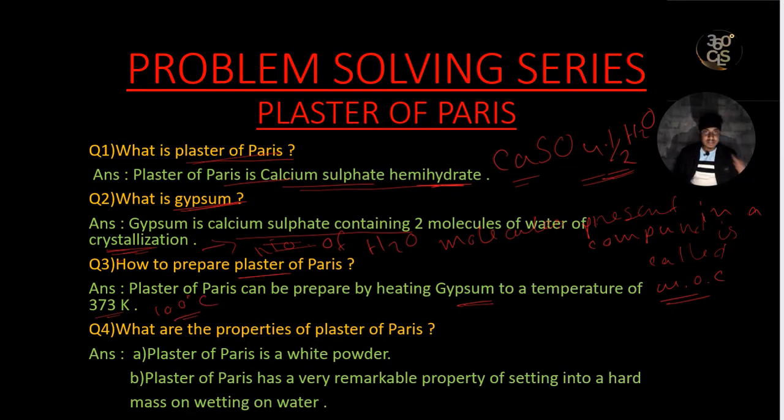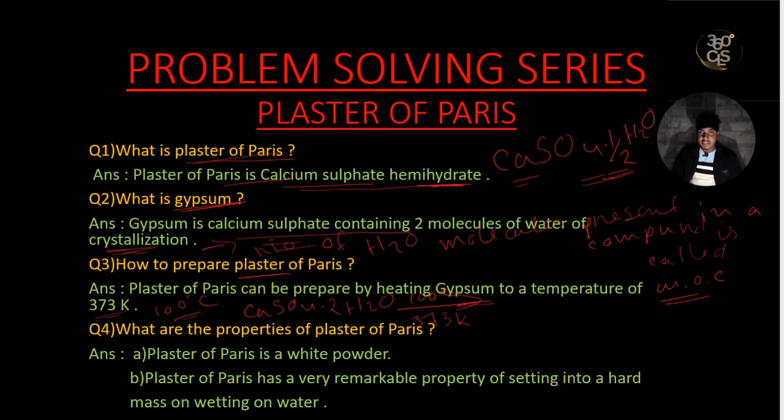Okay, so जब हम कैल्शियम सल्फेट दैट इज जिप्सम को, कैल्शियम सल्फेट containing 2 molecules of H2O को, 373 केल्विन that is 100 डिग्री सेल्सियस में हीट करते हैं तो the gypsum loses 3/4 of the water.